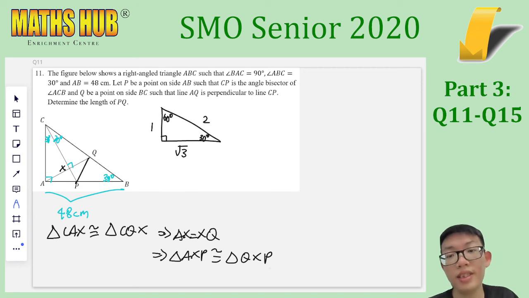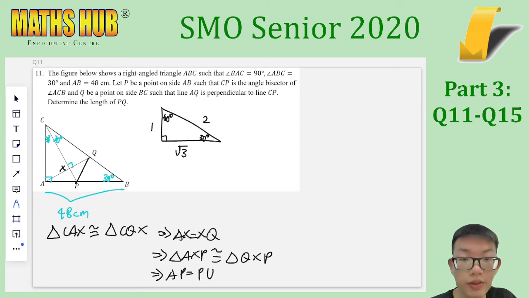In other words, this is quite an elaborate way of saying that CP is the perpendicular bisector of AQ. So A is the reflection of Q over CP, and that means that specifically AP equals PQ.